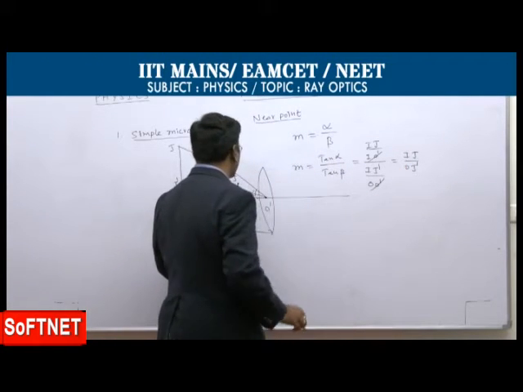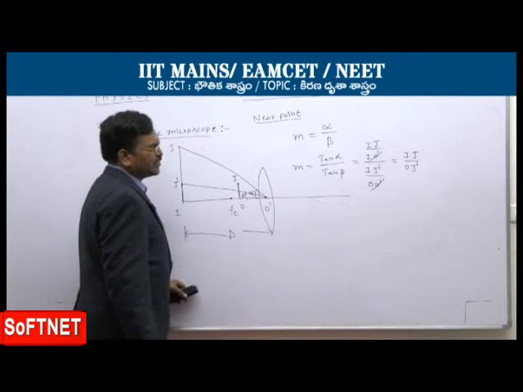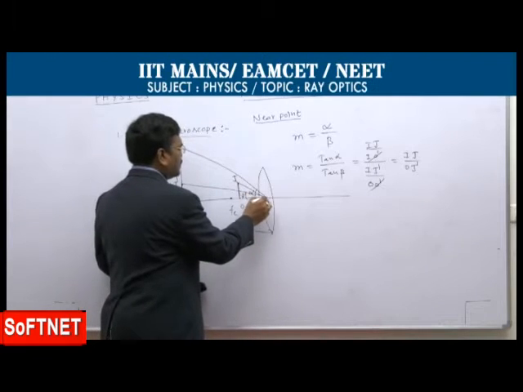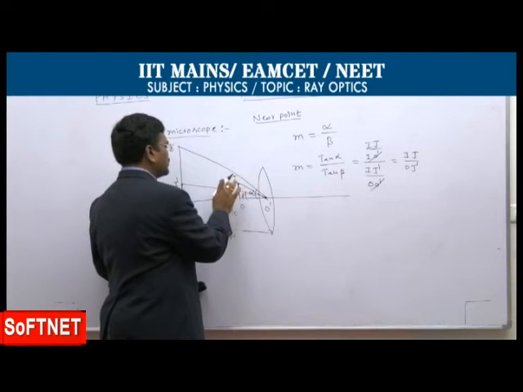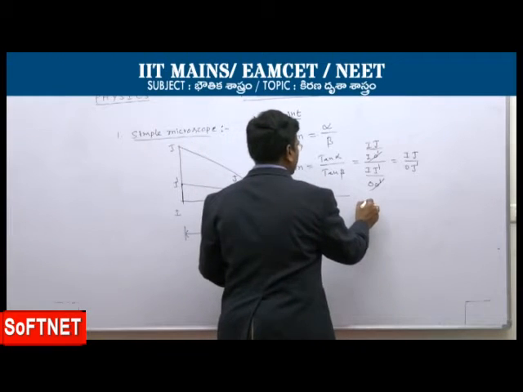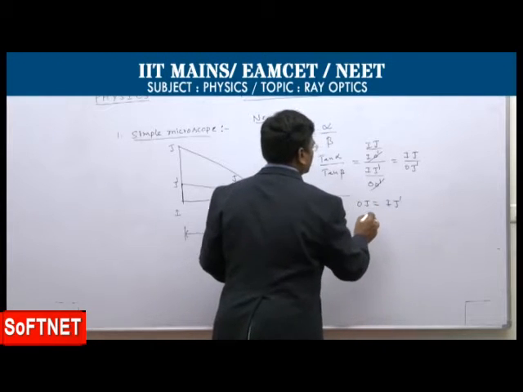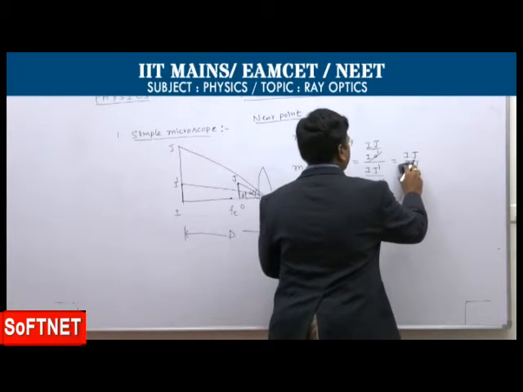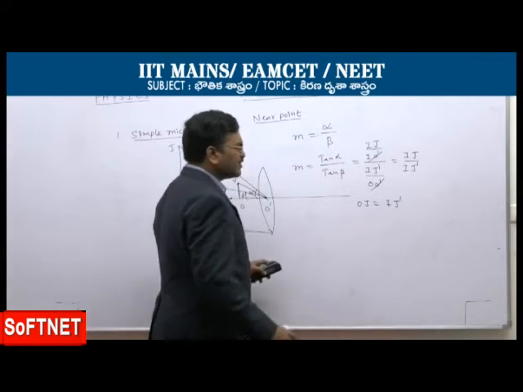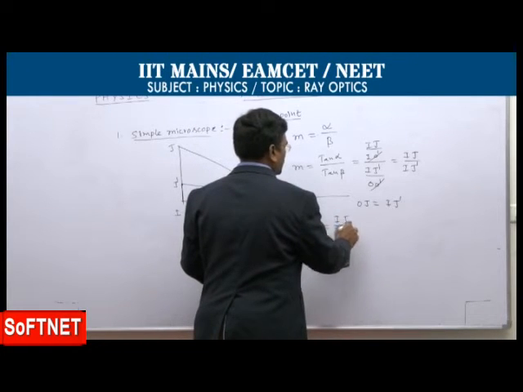But from the diagram, OJ is equal to IJ dash. So m is equal to IJ by OJ.